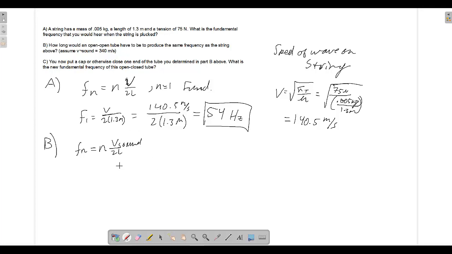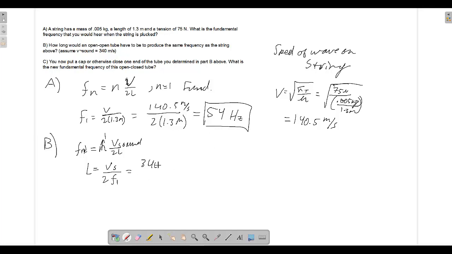So what we want to do now is rearrange the equation to solve for L. I'm going to multiply both sides by L, and then divide both sides by F_n, which is just going to be 1 because we're looking for the fundamental frequency. So L is equal to 1 times v sound over 2 times F1, the fundamental frequency. We know what the fundamental frequency is from before, so we can plug that in.